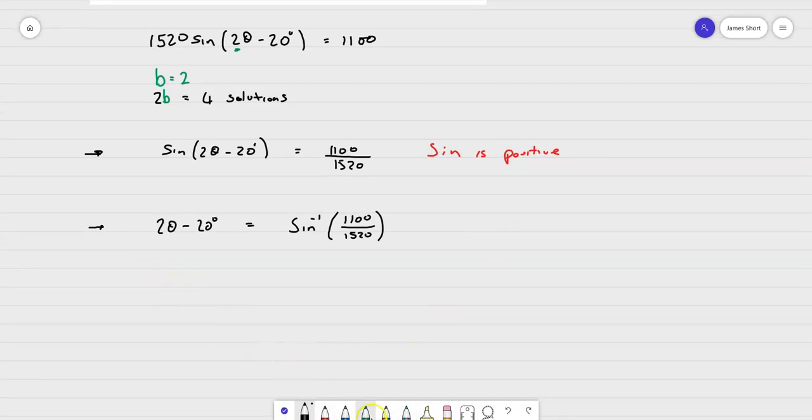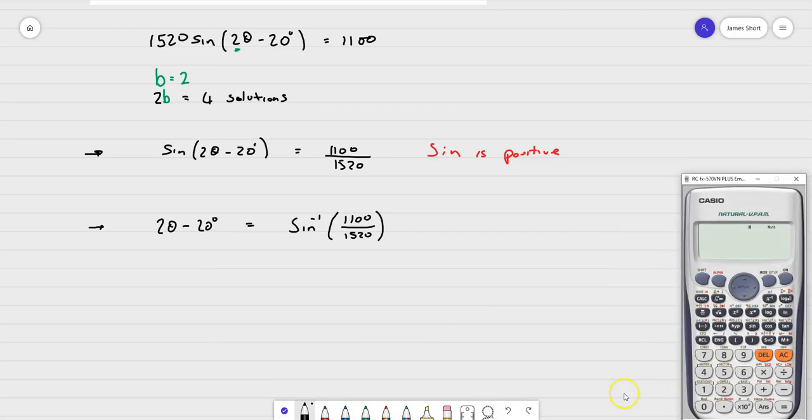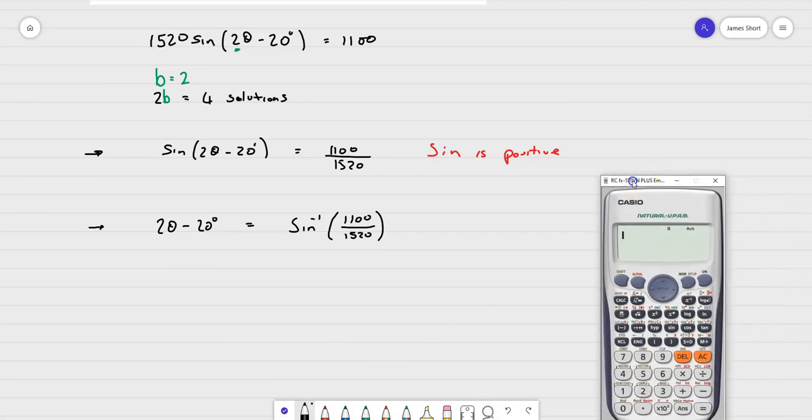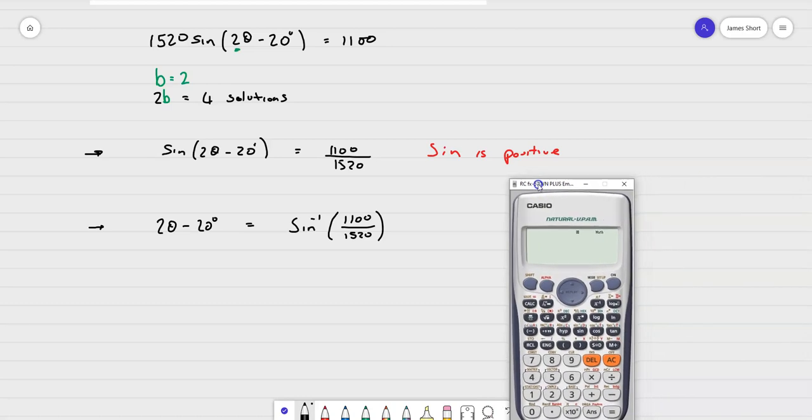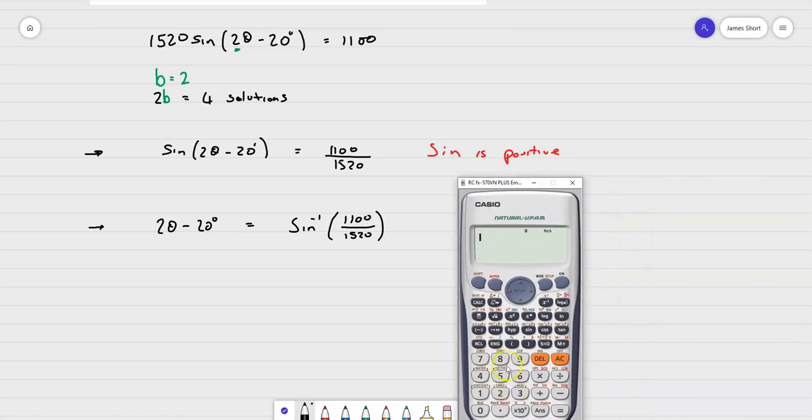So if we go to our calculator, we can figure that out. Let's move this calculator a bit closer here. Make sure we're in degrees. We'll go shift sine. I like to use the fraction button, and at the top we've got 1100 divided by 1520. We don't have to do the closed bracket here, but I'll do it anyway.